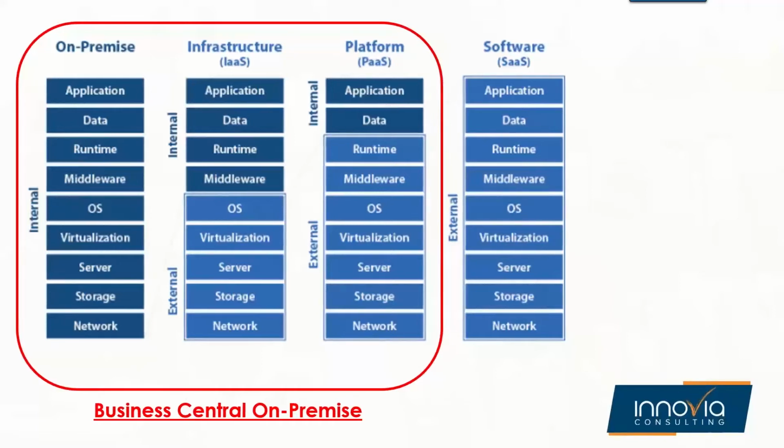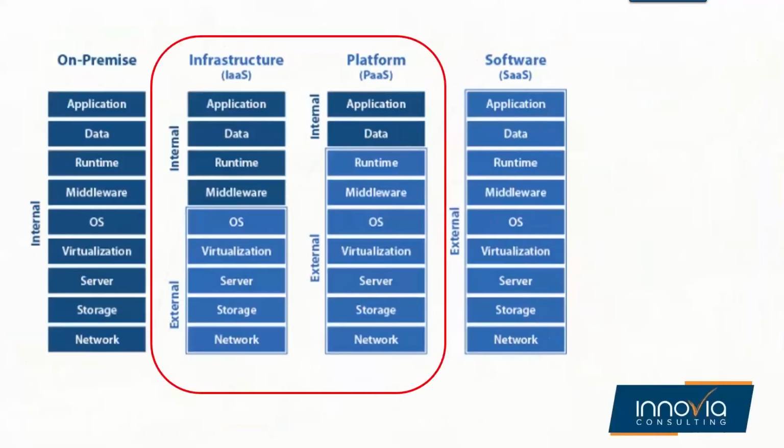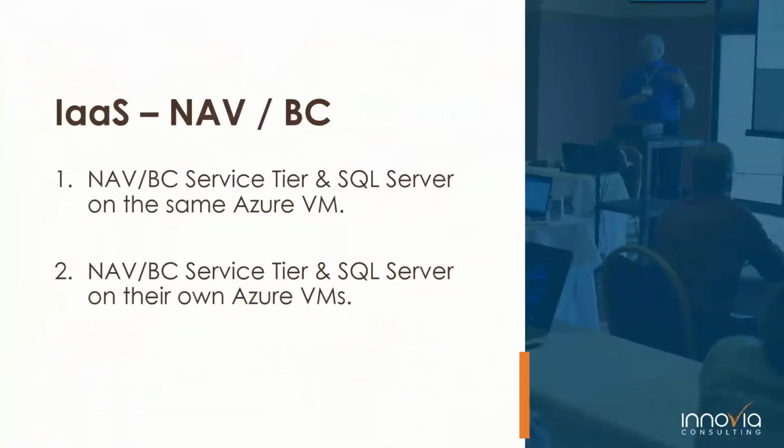Today, we're only focusing on two of those on-premise types of installations. The first one is your infrastructure as a service, and then the second is the platform as a service. Let's look at infrastructure as a service first.